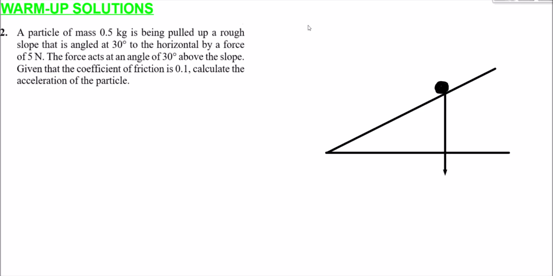So we've got 0.5 g acting downwards, which is its weight. And the slope is 30 degrees to the horizontal. So we can add this on as well. So 30 degrees here.